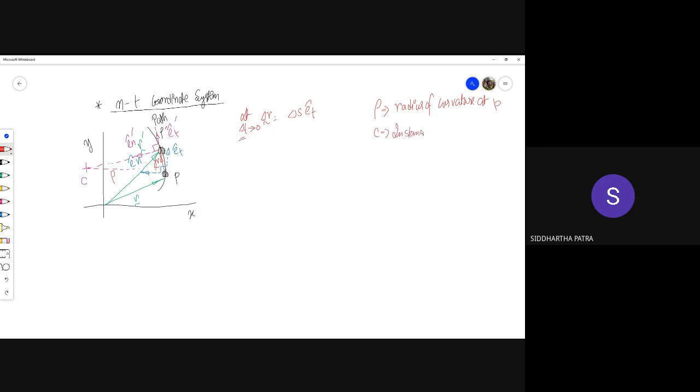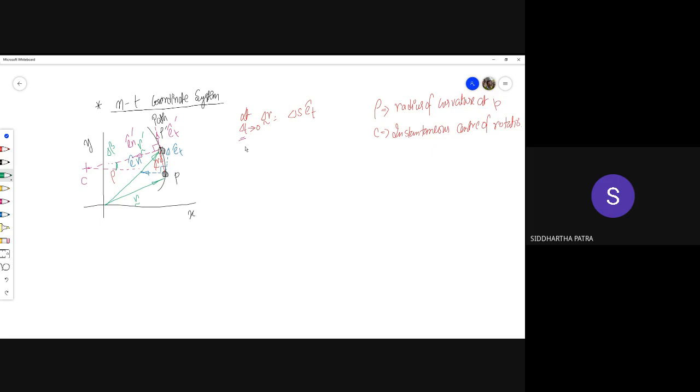C is the instantaneous center of rotation, and let's say that this motion subtends an angle of, not d beta, I should be calling it delta beta, about the center of curvature.